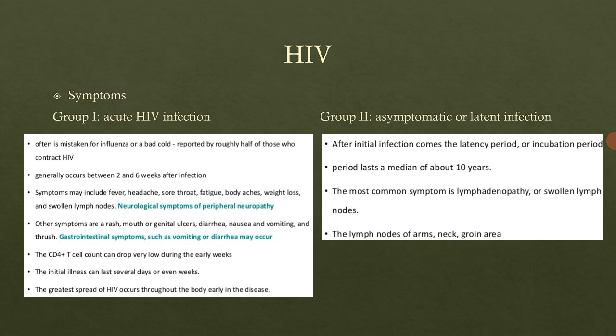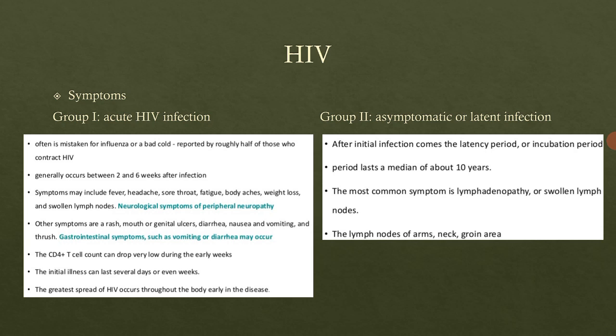Now the CD4 cell count gets low when the person is infected with HIV. As we know, HIV targets the CD4 cells, and therefore the CD4 count in that person will be reduced.